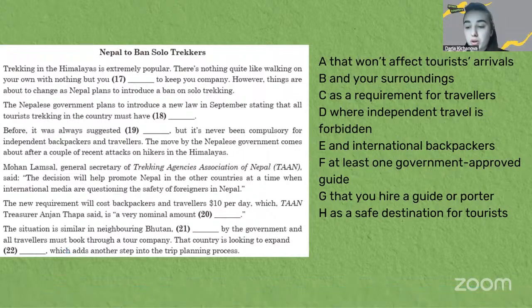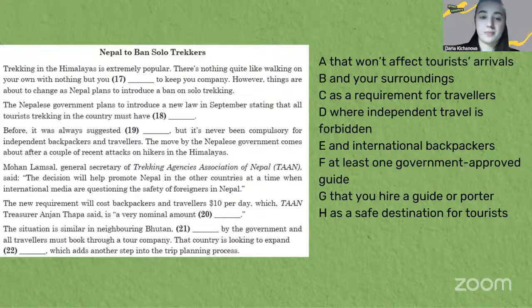First of all, we don't need to read the whole text. We need to read some part before and after the gap, and we need to focus on logical sequence. What should come in this gap? What should we see in this gap? So, 17. Any ideas?